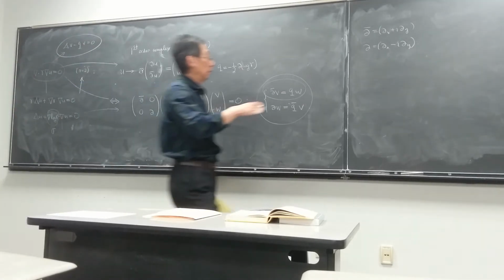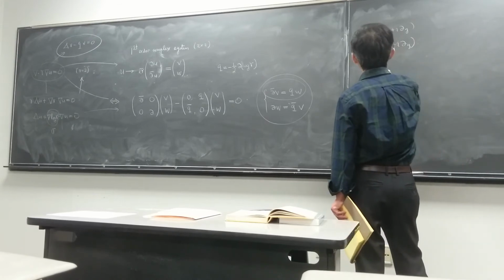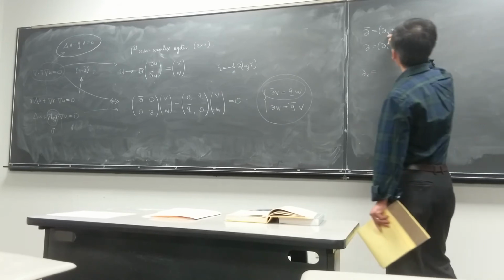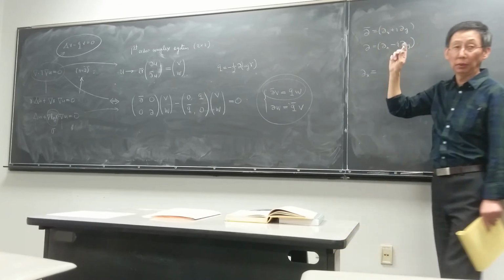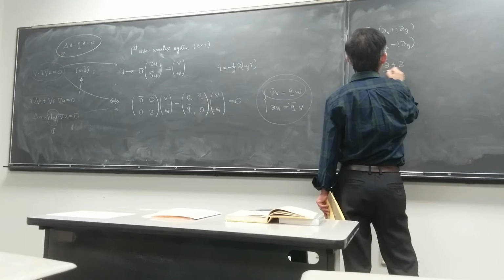It is easy to see that you can cancel. For instance, dx is equal to what? If you add them together, dx is equal to the sum of these two, therefore it is d bar plus d over 2.